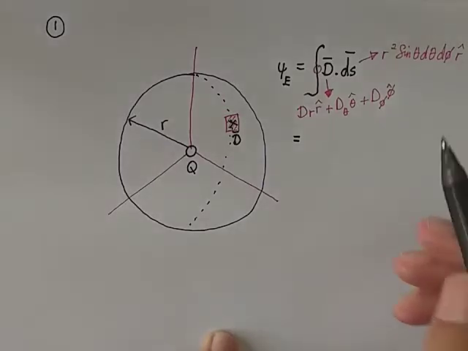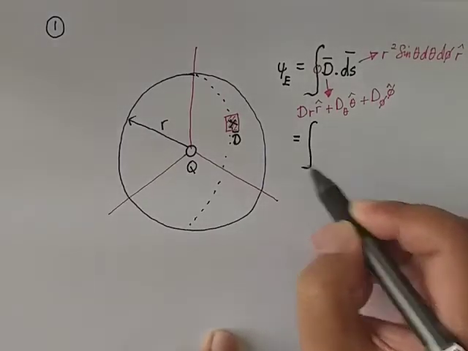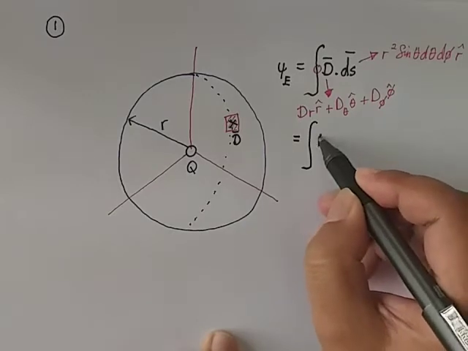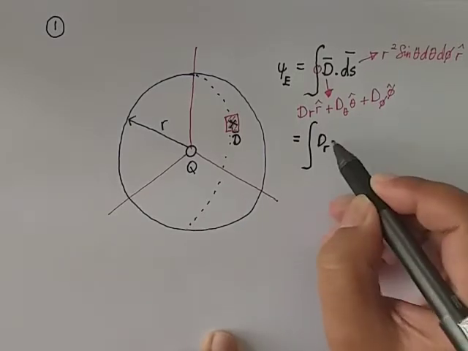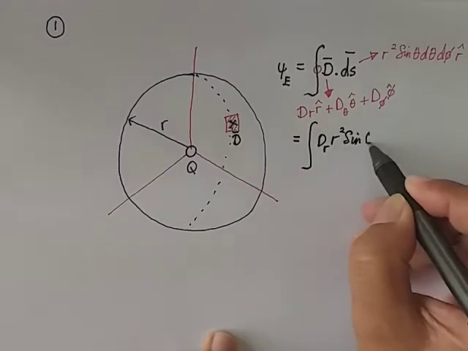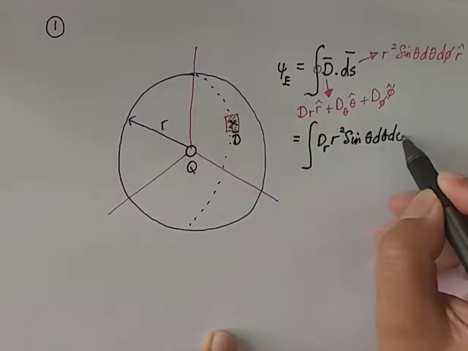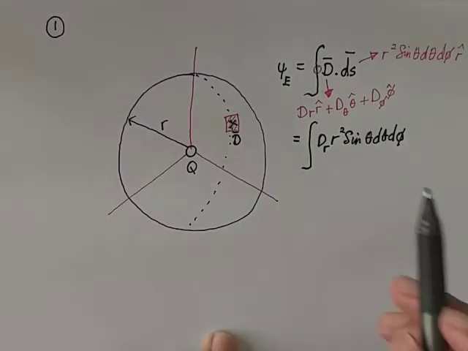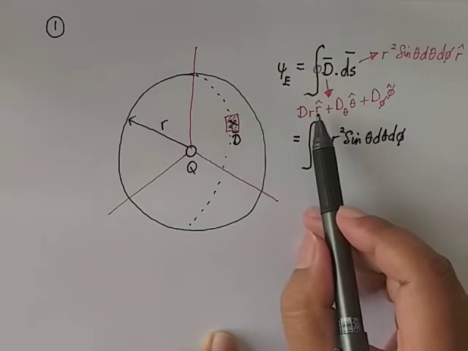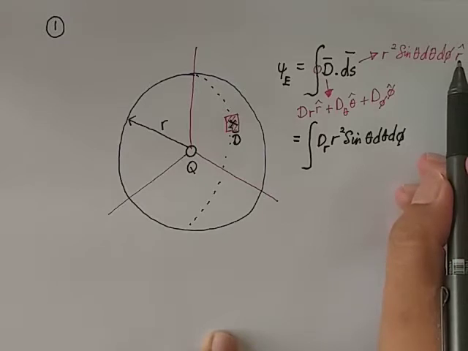Okay, so therefore the first thing I'm going to see now is going to be dR r squared sine theta d theta d phi, and there's no more r direction because the r unit vector here, when you dot product with the r unit vector, this particular term, the end solution is equal to 1.